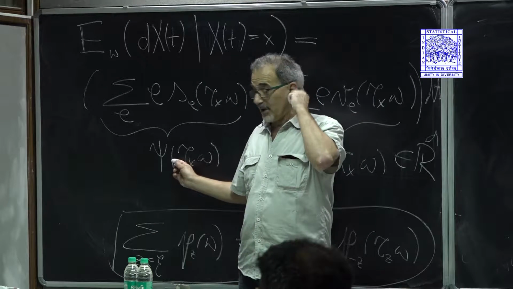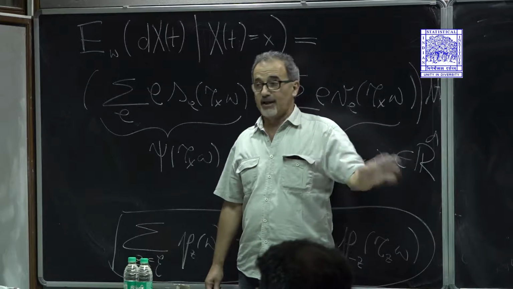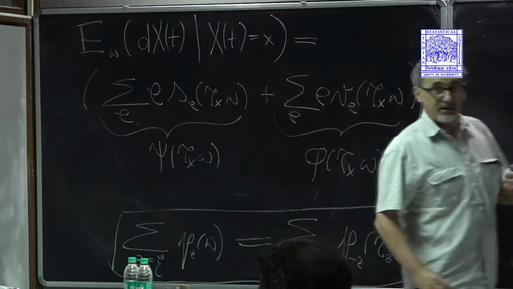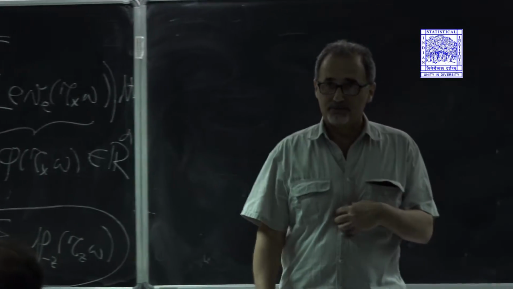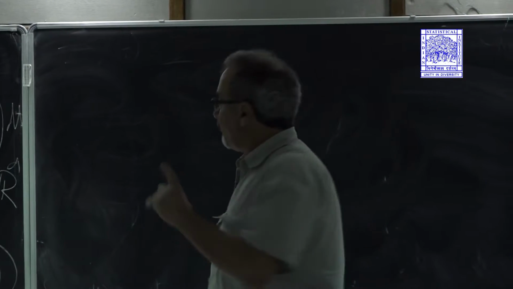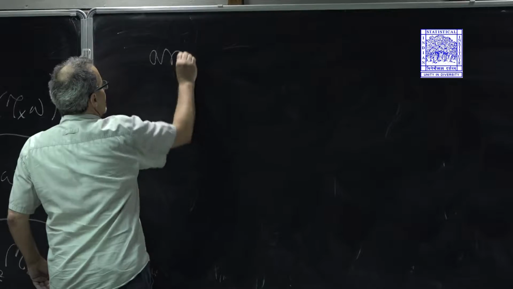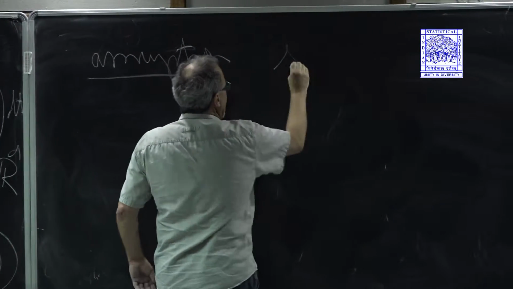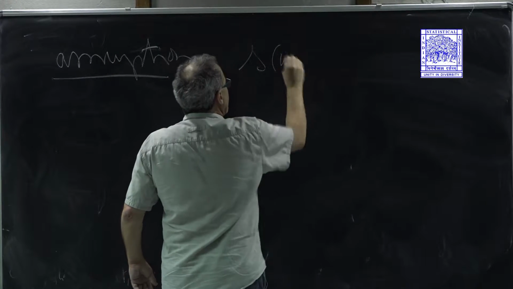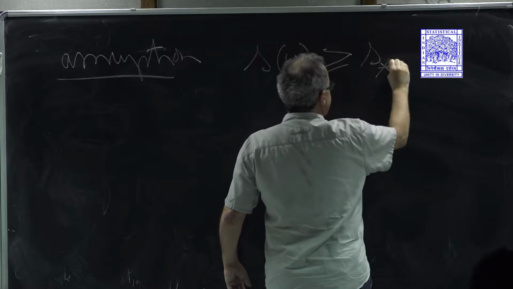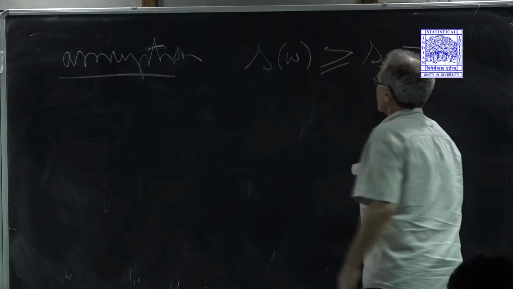Let's assume from now on that all the S's are 1, because anyway they just complicate notation. In my problem they don't play a role. I can handle them well. Actually, before doing that, I assume, and after that I will simplify, that S of omega is bounded below by a lower star, which is strictly positive.